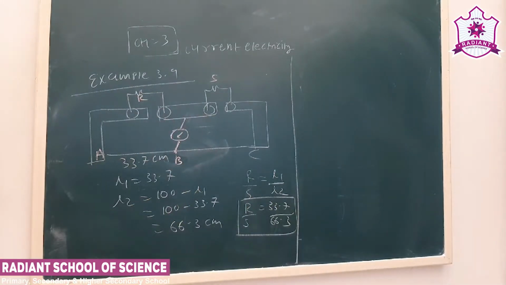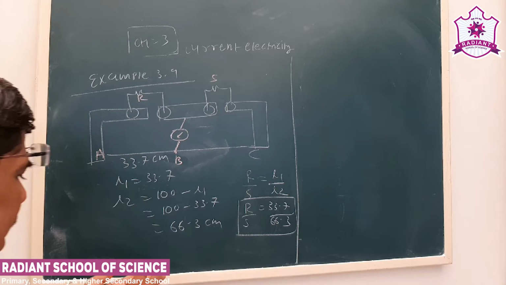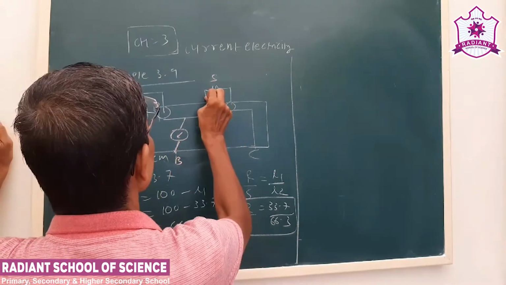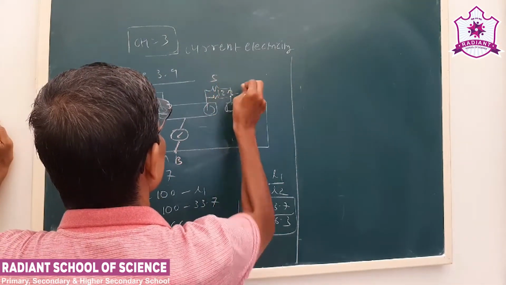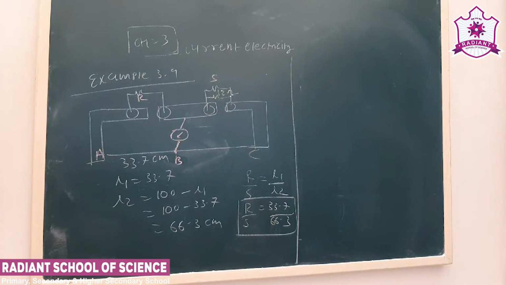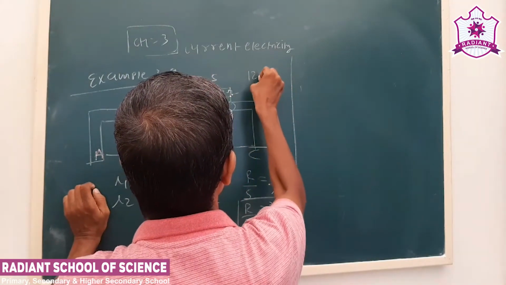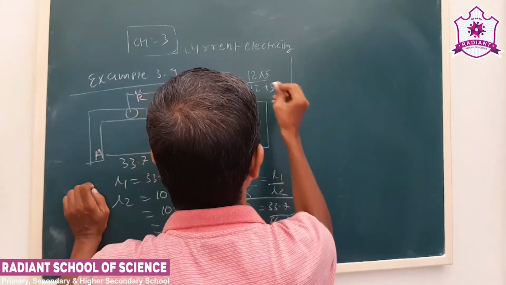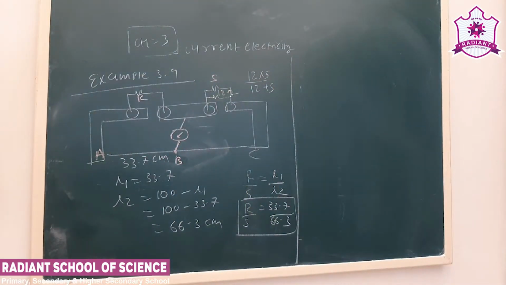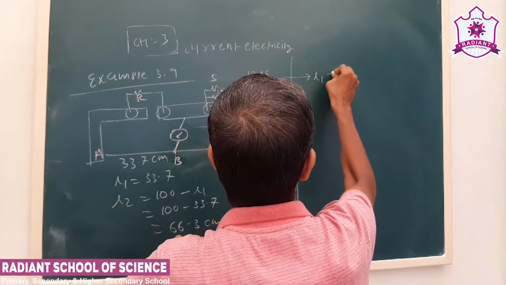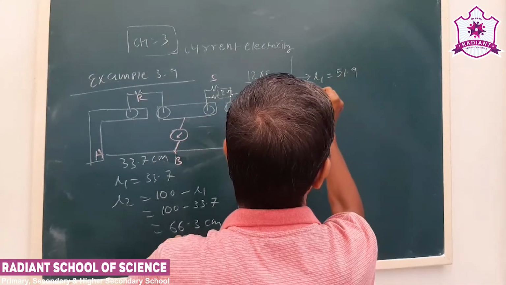Now this is the first part of the question. It says that when a 12 ohm resistor is connected in parallel with S, what is the equivalent resistance? R1 is 12 into S upon 12 plus S. In that case the null point shifts to 51.9.